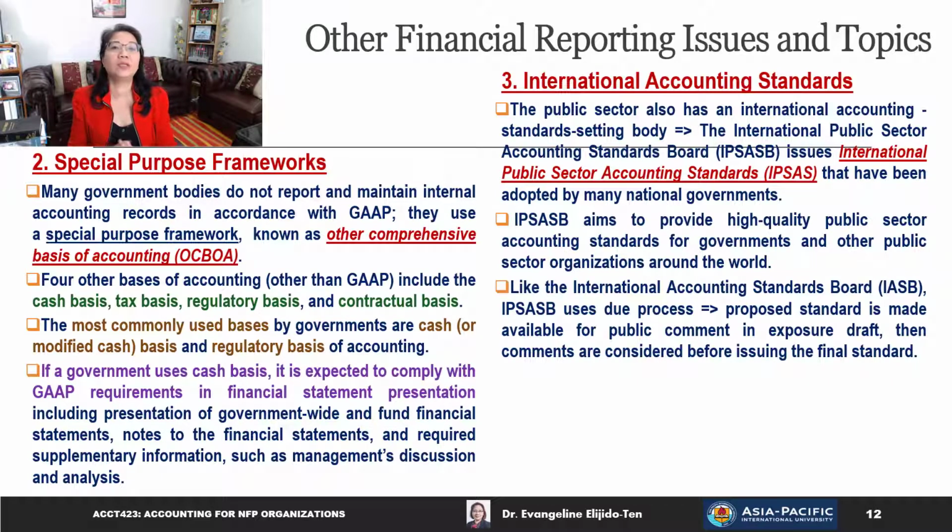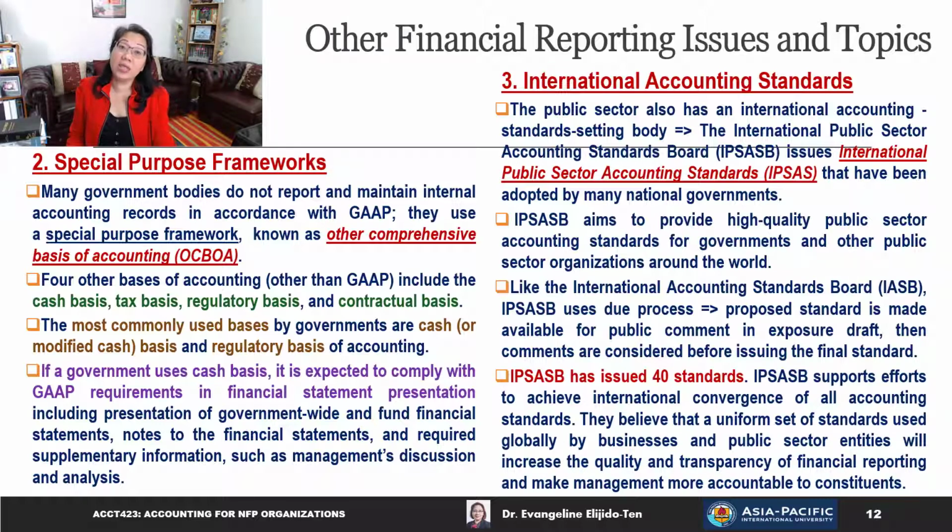So the due process follows the preparation of an exposure draft. Now, the proposed standard, before it is actually issued as a standard, will be made available to the public for public comment in the form of an exposure draft. Then comments will be received and considered before issuing the final standard.